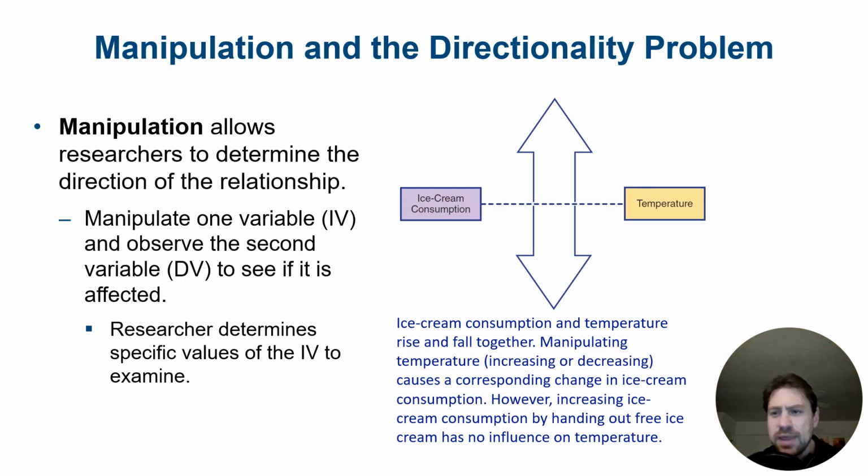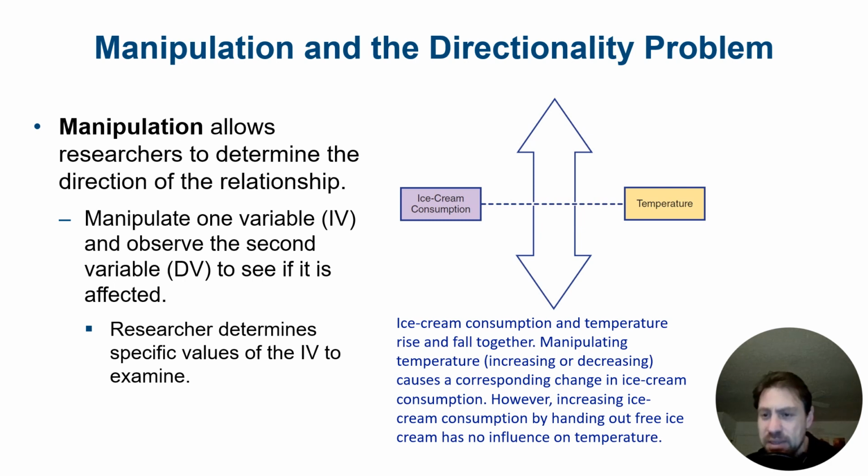All right, so think back to one of the problems that we discussed, that being the directionality problem. Well, one advantage of manipulation is that it allows you to explore the direction of a relationship. Because logically, if you manipulate A and it causes a change in B, well, the direction of the relationship has been established.